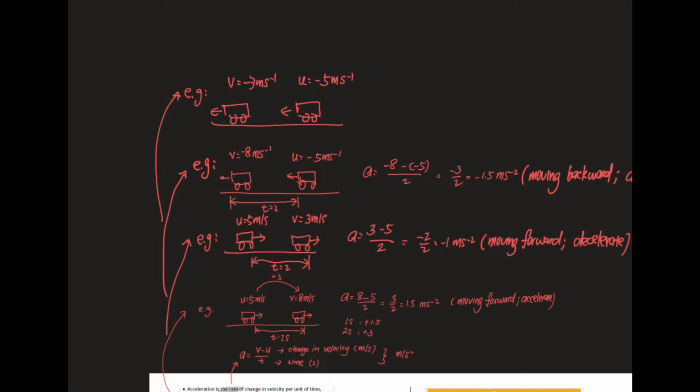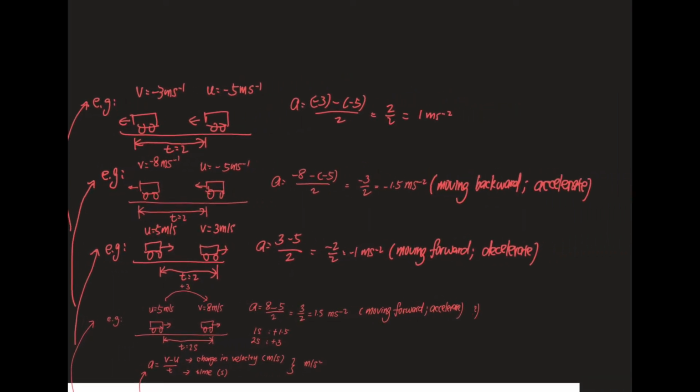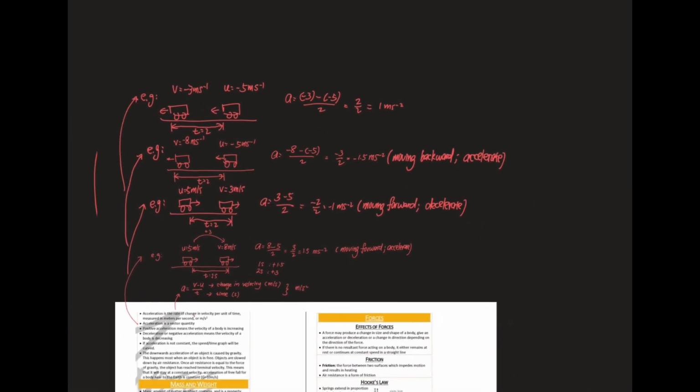Let's say this happened in 2 seconds, T equal to 2. So if I go and count the acceleration, V minus U over time, you get 2 over 2, which is 1 meter per second square. So you get a positive value. It doesn't mean positive is accelerating.